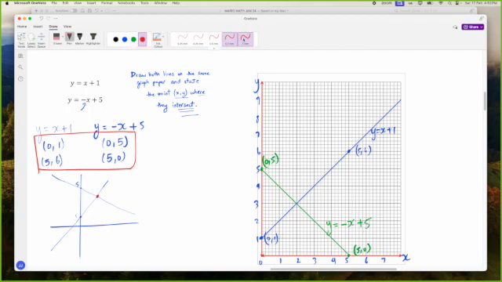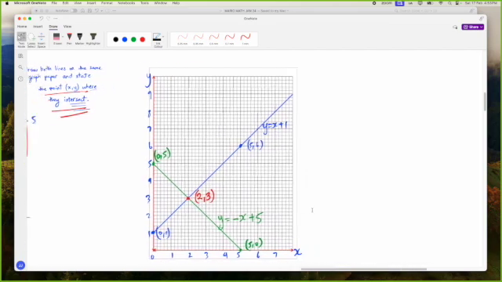So the line from 5, 0 to 0, 5 is y equal to negative x plus 5. Now, if we look, they want to know where they intersect. They intersect at this point here. That is the point 2, 3.